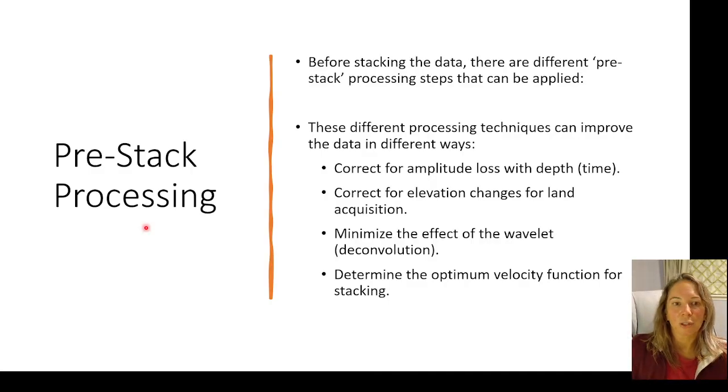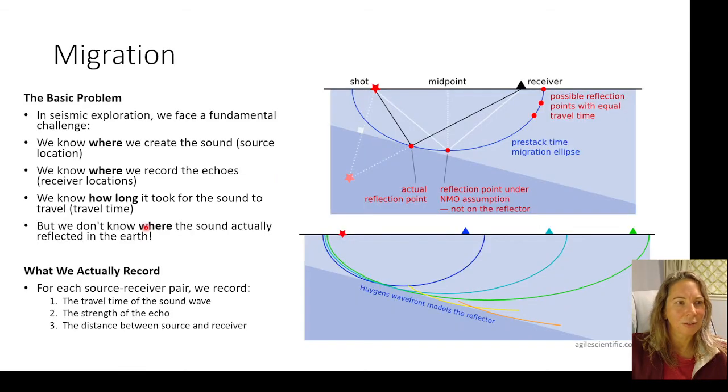Other things we have to do are correcting for elevation changes if we're doing land acquisition. We also want to minimize the effect of the wavelet, and that's a process called deconvolution. And then other things done in the pre-stack processing phase are determining the optimum velocity function for stacking. There's a lot of other processing steps that can be applied, but those are some of the main ones I want you to be familiar with.